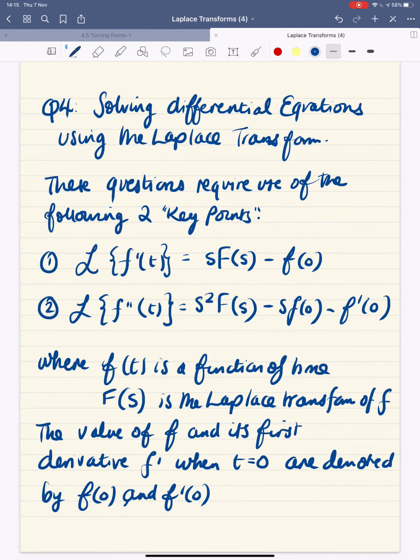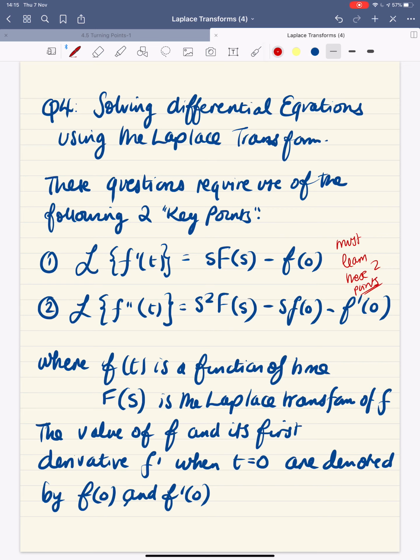Right, question 4. We have to solve differential equations using the Laplace transform now. These questions require use of the following 2 key points. First of all, you must learn these 2 points.